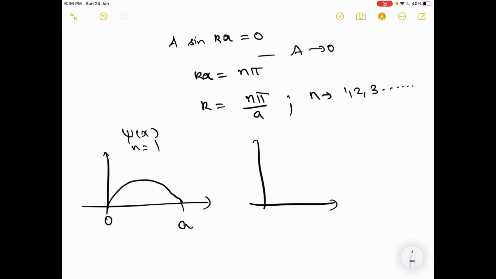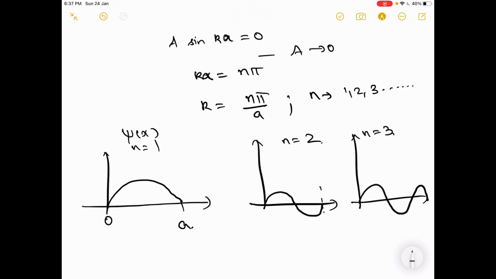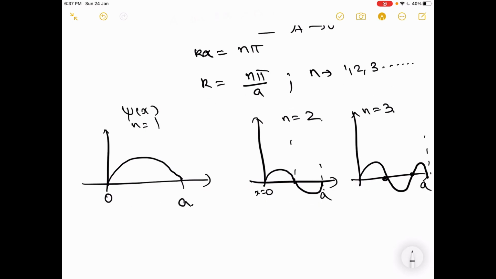For n equal to 2 will have a node, and for n equal to 3 will have 2 nodes. Right. These are 3 solutions.